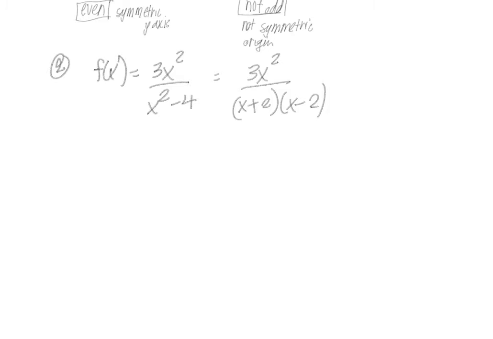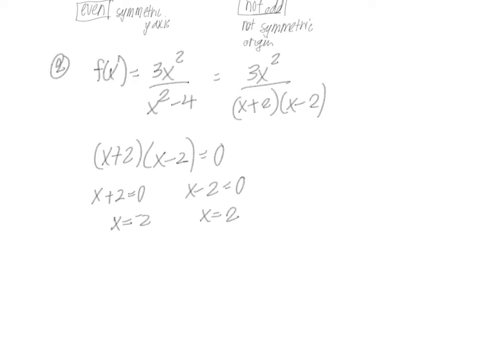And it's easier to solve when you factor it. You'll just set both factors equal to 0. So there are two vertical asymptotes at x equals plus and minus 2.